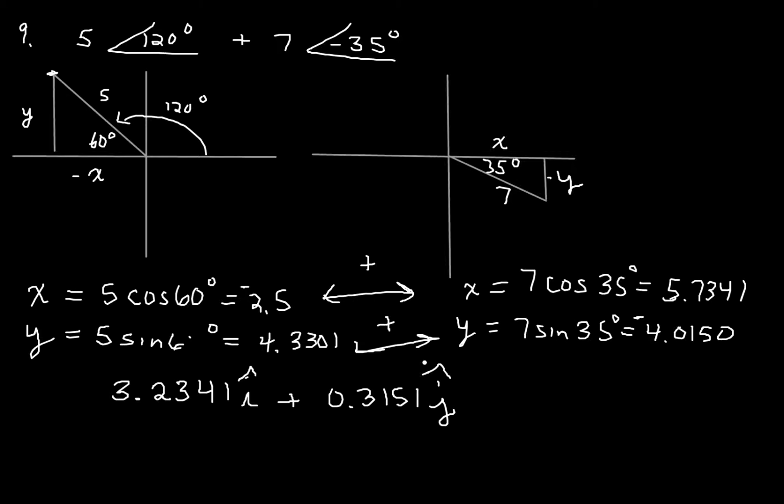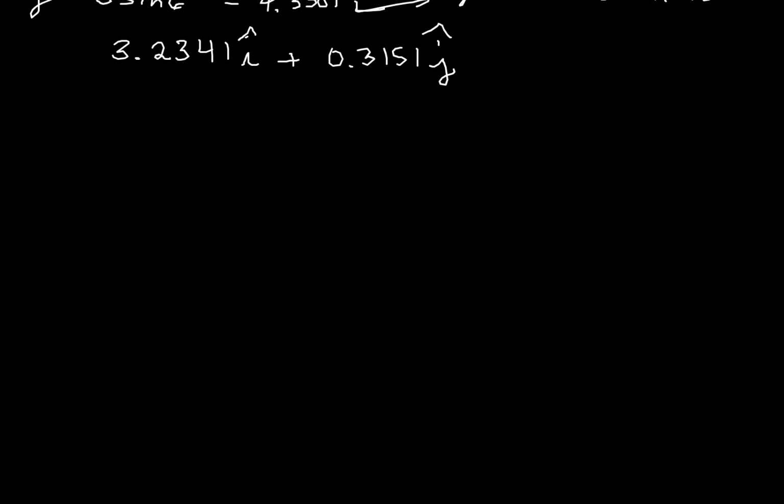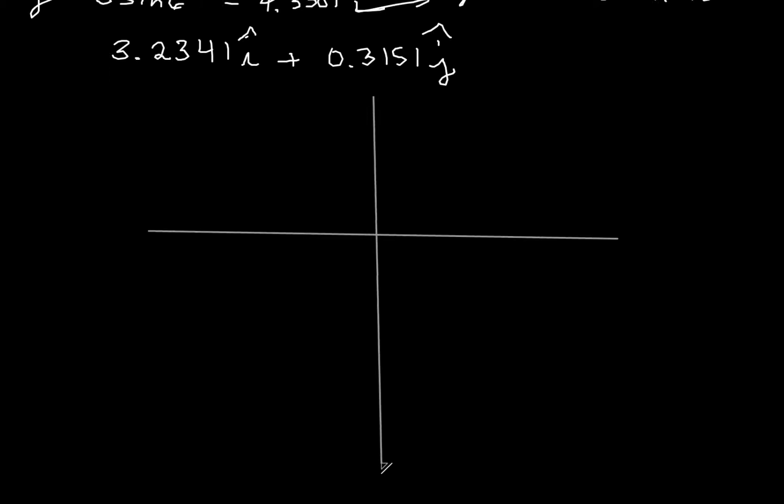Now we have to change it back into polar form. These are rectangular coordinates, so we're going to plot it on the rectangular coordinate system. Obviously we're not going to be exact with measurements.